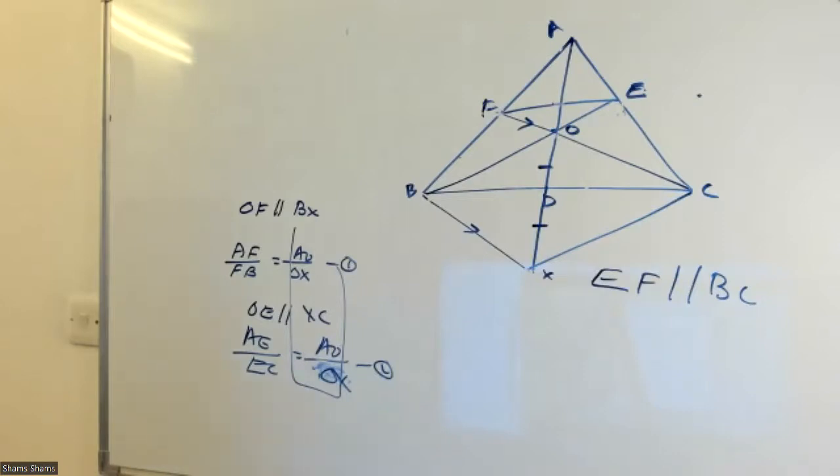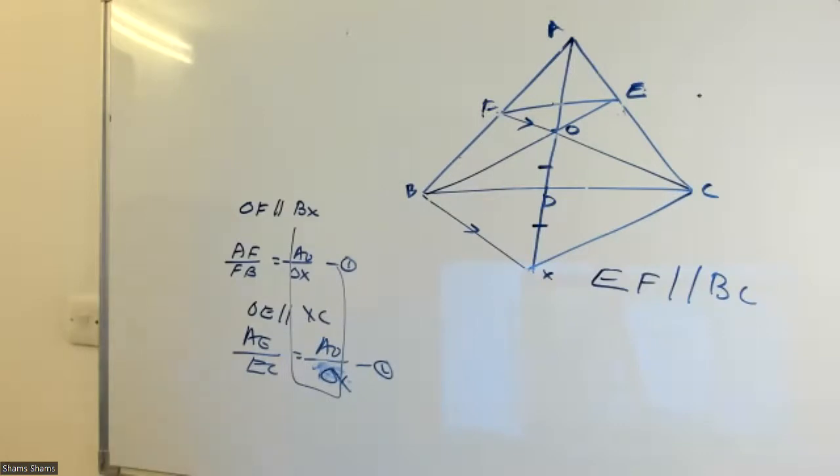Then by the basic proportionality theorem, AE by EC equals AO by OX.